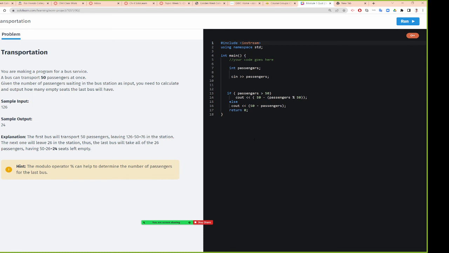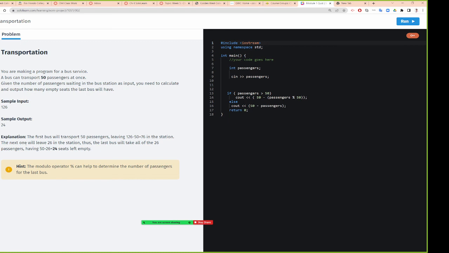So we give an example right here. There are 126 people here. The first bus will transport 50 right there. So what you do is 126 minus 50 is 76.